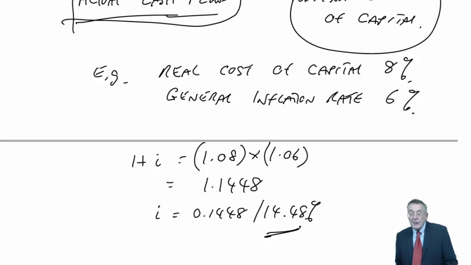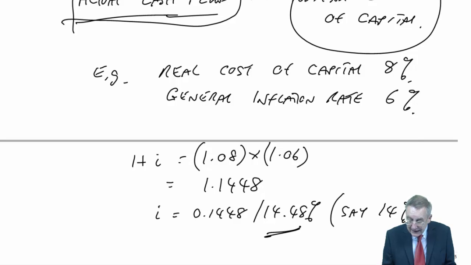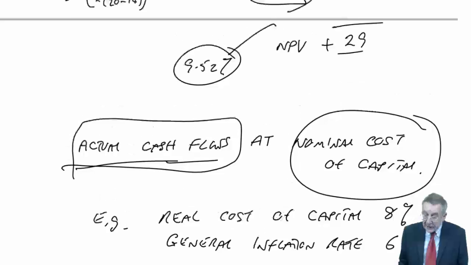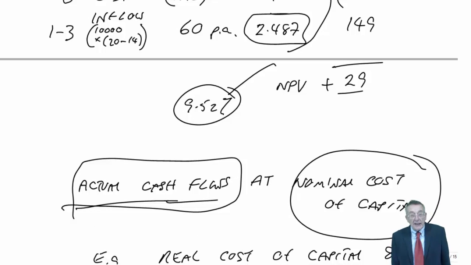Now, in the exam, you wouldn't be expected to discount at 14.48 and work out all the factors yourself. You'd write that down, but you'd then use the nearest rate from the tables, and you discount at 14. So that's what you need to be careful of. When there's inflation, almost always, you'll be discounting the actual cash flows at the actual cost of capital.